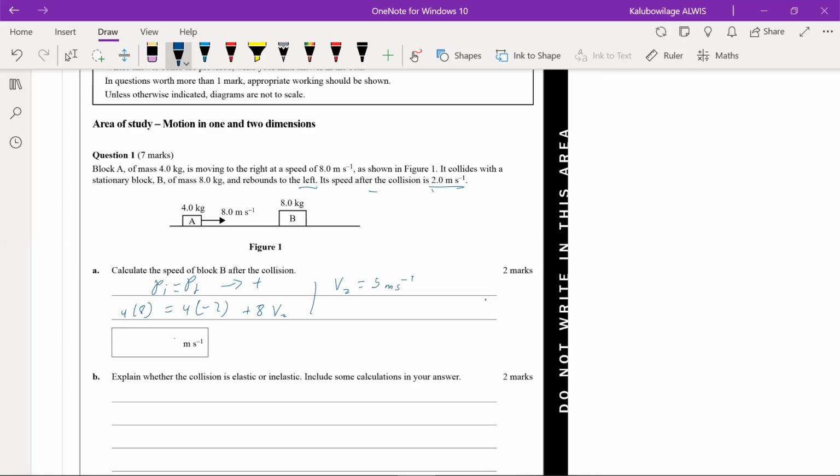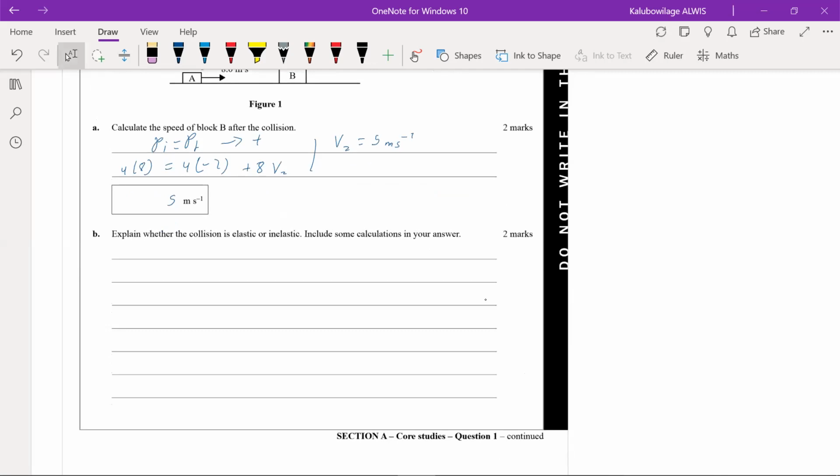V2 ends up to be 5 meters per second. Elastic or inelastic? Kinetic energy.